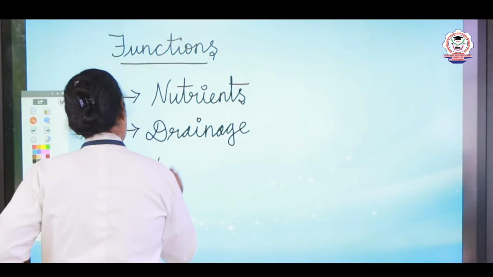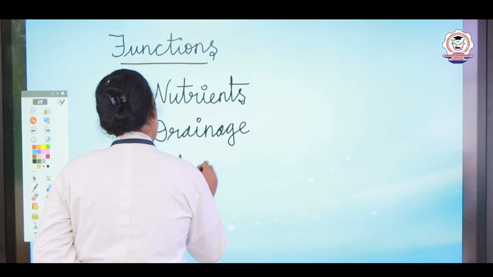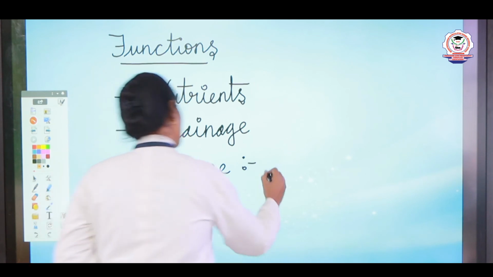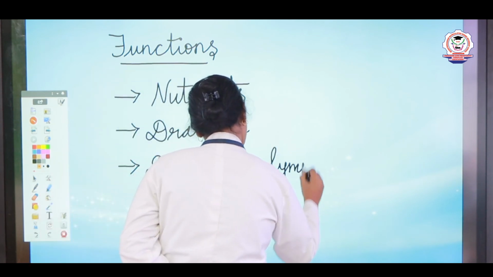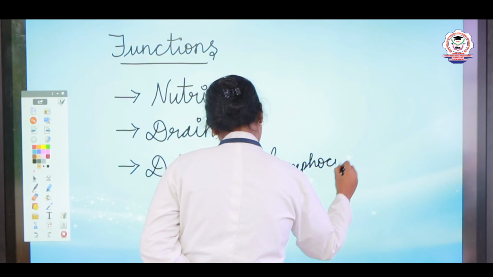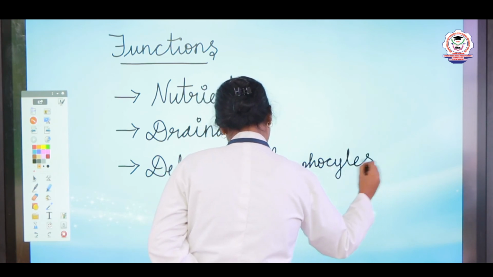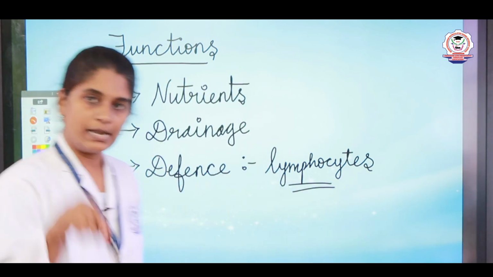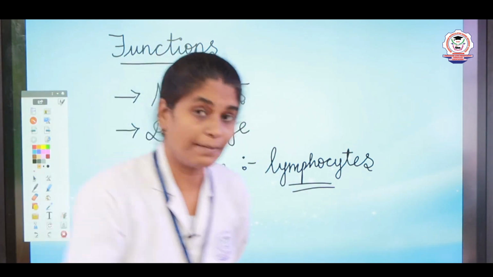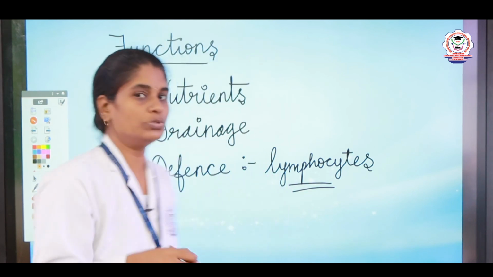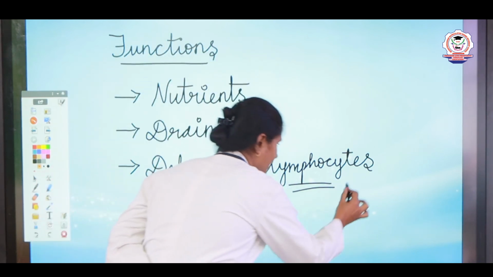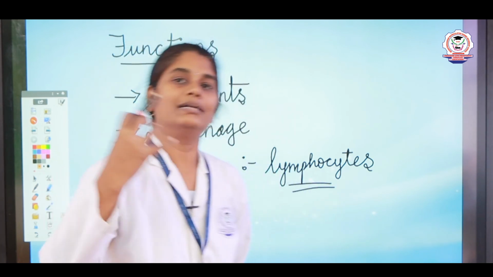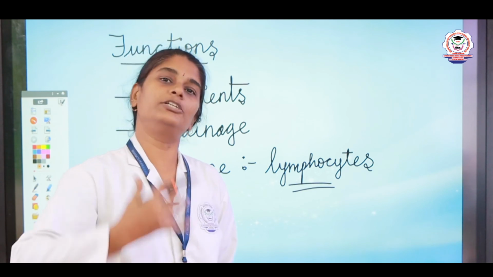And then the lymph also acts as a defense. The lymphocytes present in the lymph will attack the bacteria that is present in the tissues, and thereby also remove the cell debris that is present in the tissues, right.